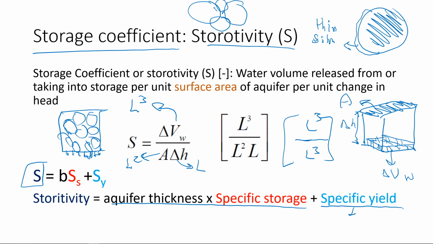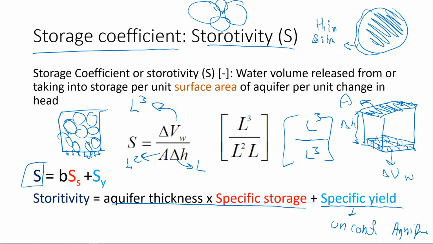This will be just particles, your sediments or your aquifer material, and air: a solid phase and an air phase, but there will be no water. This is specific yield, and you can guess that this specific yield would be mainly related to the unconfined aquifer, because in the unconfined aquifer, this is where I can empty the aquifer and drain the pore space.